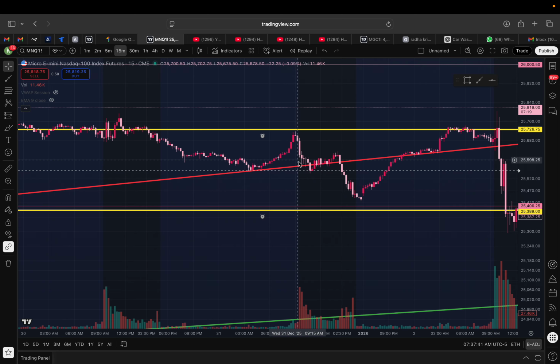Then around 10, and also I use the 15-minute time frame. After that, basically we have no movement. Sellers and buyers are lost, in the sense that they are both fighting but there's nothing.